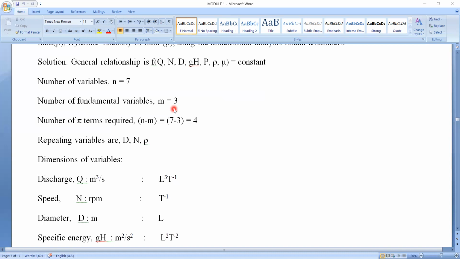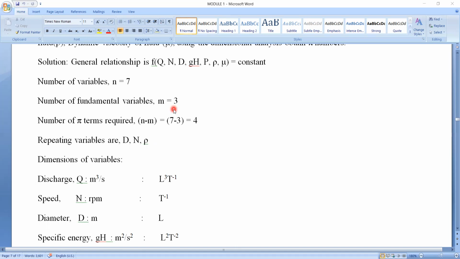This is a general discussion, not part of this video lecture. If the process involves the temperature parameter also, then we have to consider m equals 4, that is, a fourth fundamental dimension: mass, time, length, and temperature.